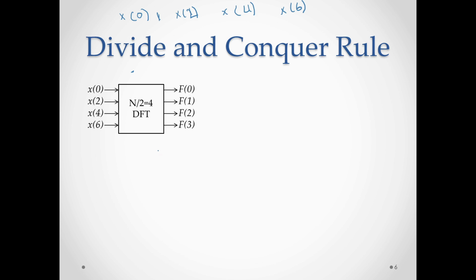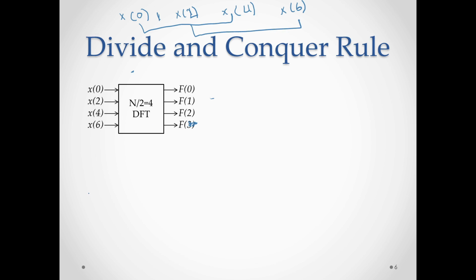Although all these terms are even, if we represent the order of this system, these two terms would be our even entries, whereas these two terms would be our odd entries.